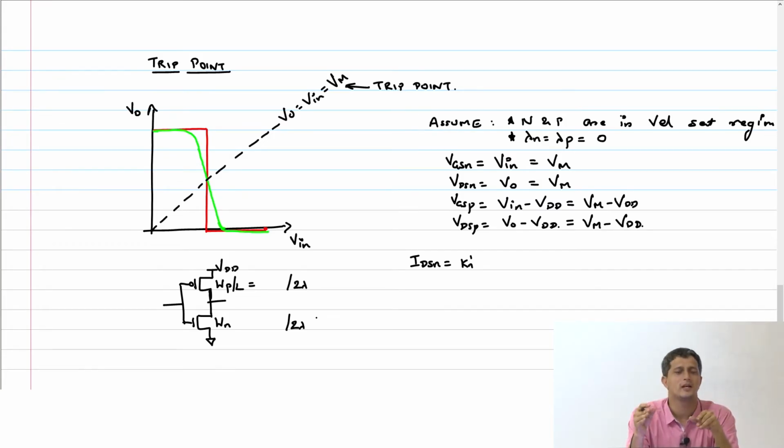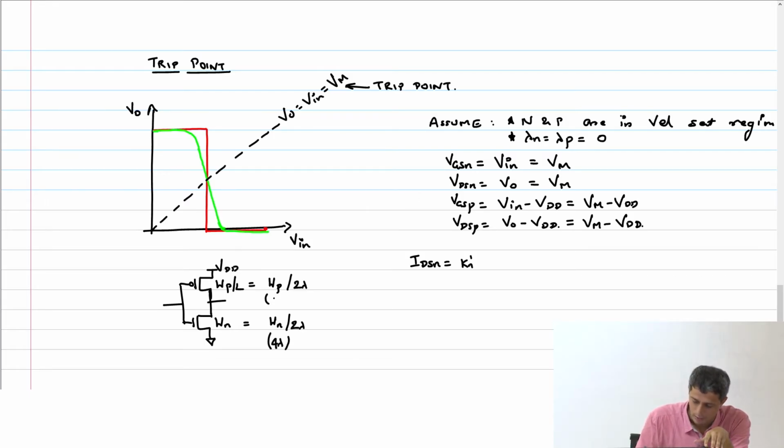The reason is this scaling worked very well in older technologies. Everything was represented just in terms of this technology length parameter. All design rules, everything that worked well at that time, doesn't work anymore. But for historic reasons, you just need to be aware of this. So length is 2 lambda. WP is something I don't know. We'll have to fix it. This is WN. Typically, this will be 4 lambda and this will be 8 lambda.